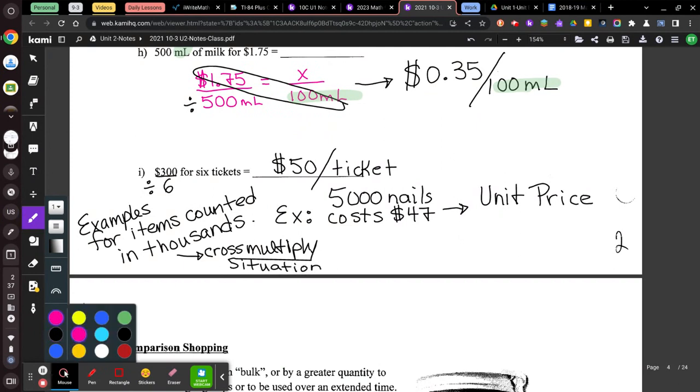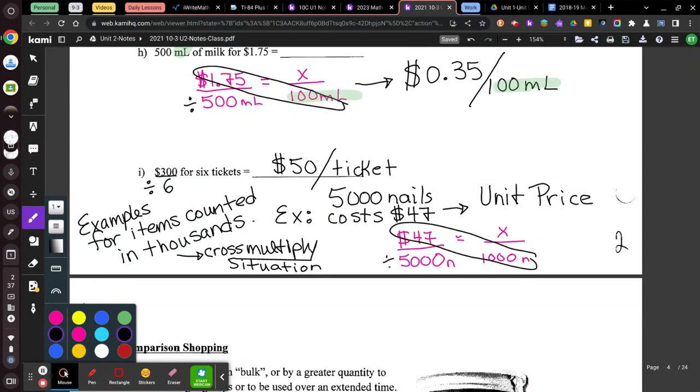So we're going to set up again money over amount. So we're going to have $47 on top of 5,000 nails. I'm going to put N for nails equals X amount. We don't know how much it costs for 1,000 nails. Okay, so items in the thousands we're going to use over 1,000.